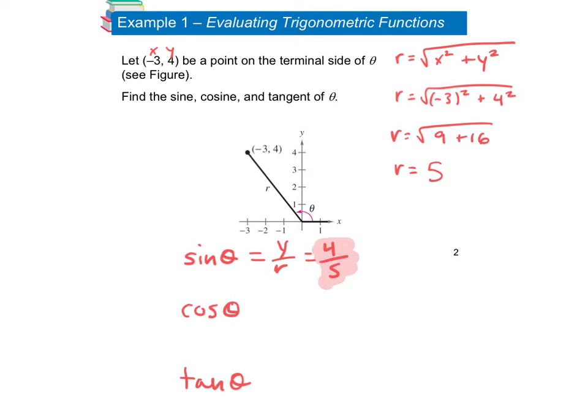Do the same thing for cosine, but cosine is x over r. So what's our x? -3. And our r is 5. So cosine theta, -3 over 5. And lastly, we have our tangent of theta, which is y over x. So this would be 4 over -3.